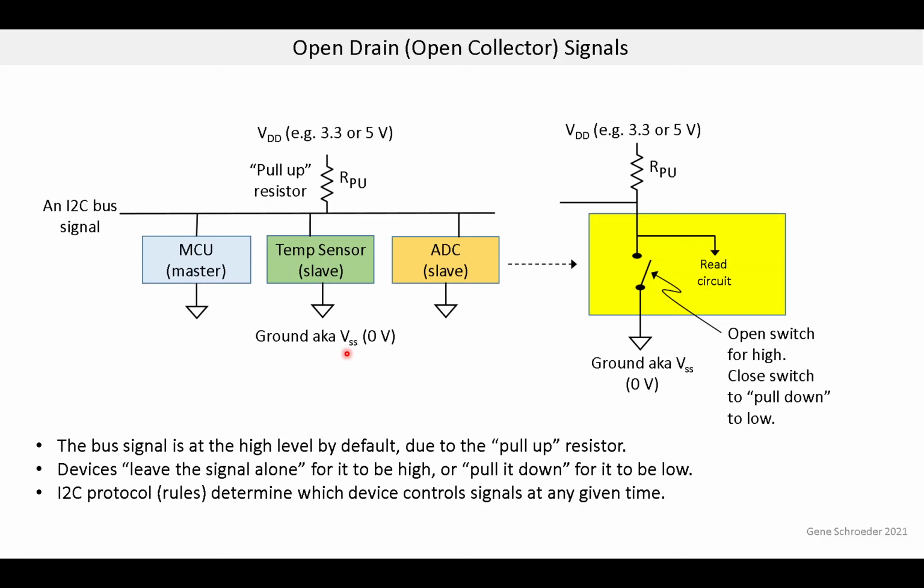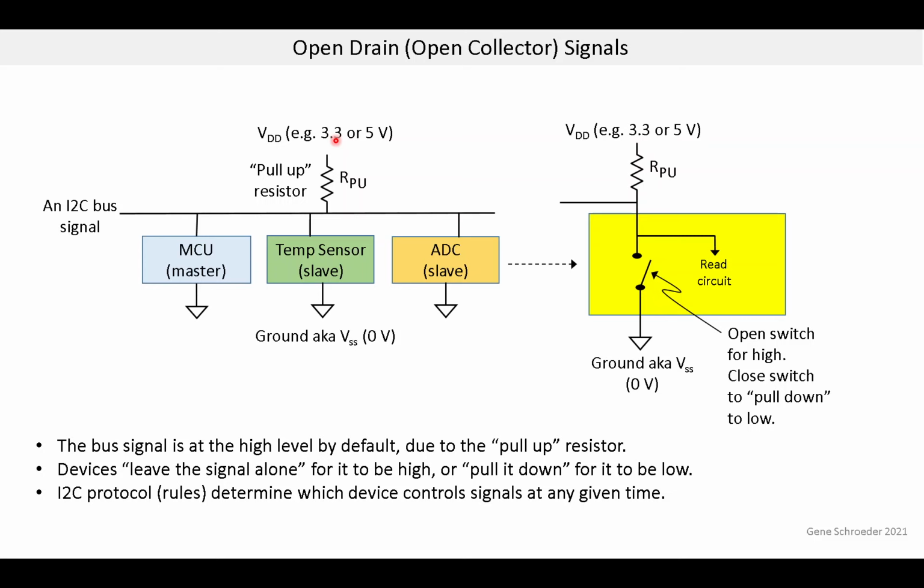Now there are technical reasons why they use all of these names, which you don't really need to worry about. So the bus signal is at the high level by default due to this pull-up resistor. In other words, this resistor pulls up the signal to the high level. Now this high level is in reality a high voltage level, normally either 3.3 or 5 volts, but we can just call it a high level.